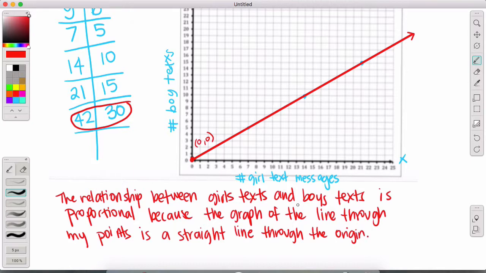I could have said that a little shorter. I could have said the graph is a straight line that starts at 0, 0. I could have said the line is straight and goes through the origin. Essentially, this is the most full sentence I could use. I'm telling what the context is. I'm also explaining those two qualities, straight line through the origin.